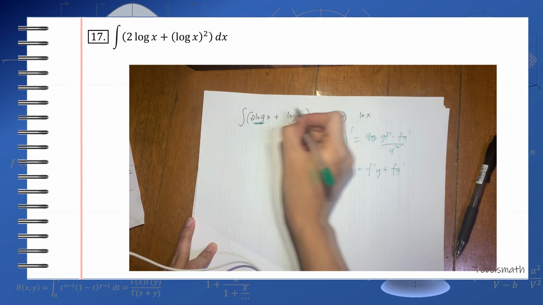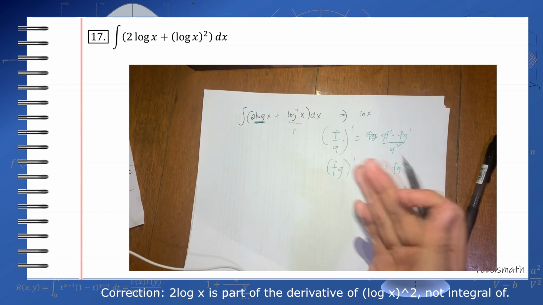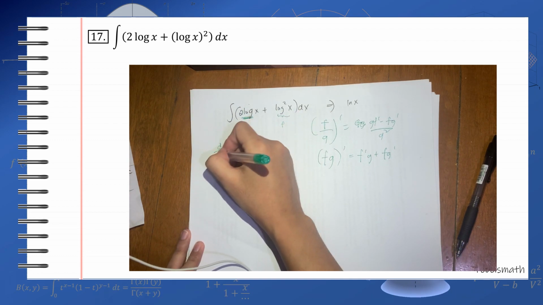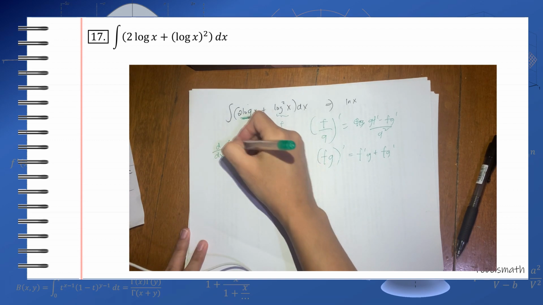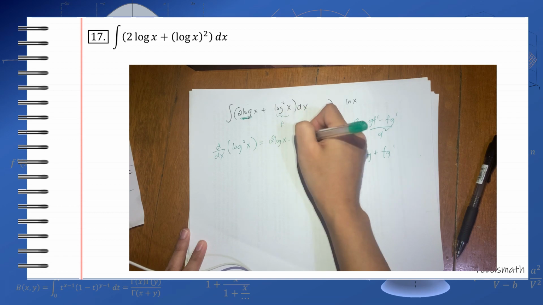Because you have something like 2 log x, and 2 log x is part of the derivative of log squared x. Just to make it clear, the derivative of log squared x is 2 log x times 1 over x.